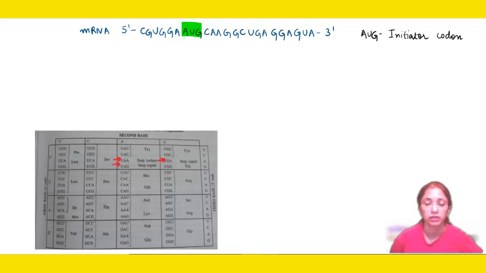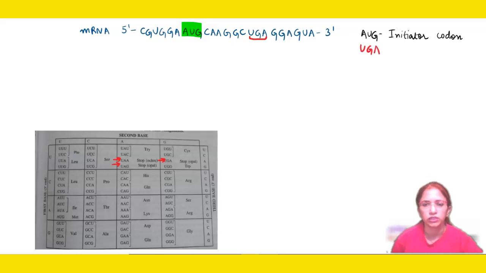So remember, when they are found in the messenger RNA sequence, they are going to stop the translation process. Okay, so we need to find these 3: UAA, UAG and UGA. A sequence of 3 bases is known as a codon. So here we go, and this is our terminating codon.